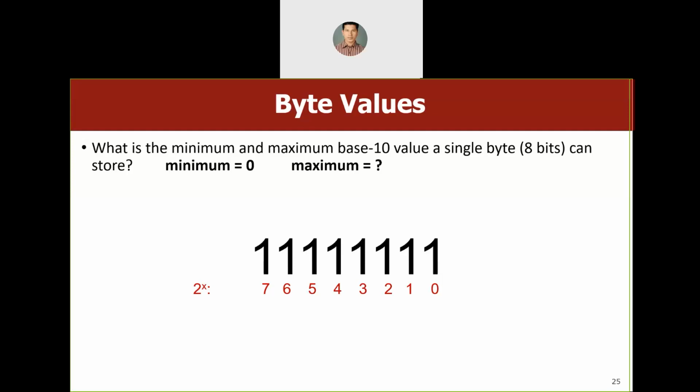Yes, minimum is always 0 because we have width 3, so 0, 0, 0 is a 0. What about the maximum number? I am not asking binary, I said it's a decimal system. 9, triple nine, 999. So in decimal, if my width is 3 digits, then the minimum number is 000 and the maximum number possible is 999.